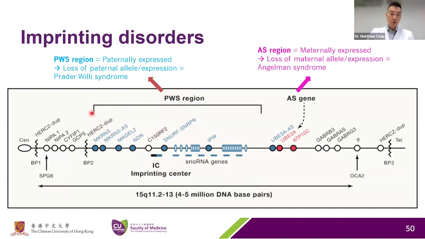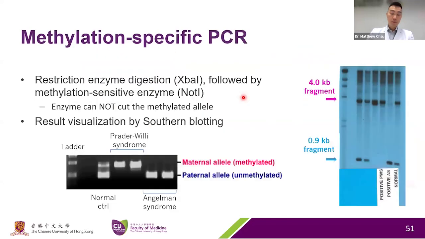And for normal phenotype, you need to have both the paternally expressing chromosome 15 that you get from your father and the maternally expressing chromosome 15, which you get from the mother. And if you lose one or the other, you would get a clinical phenotype.